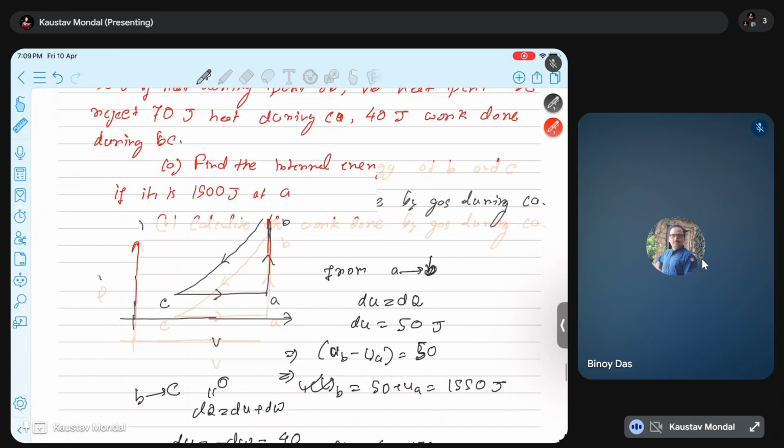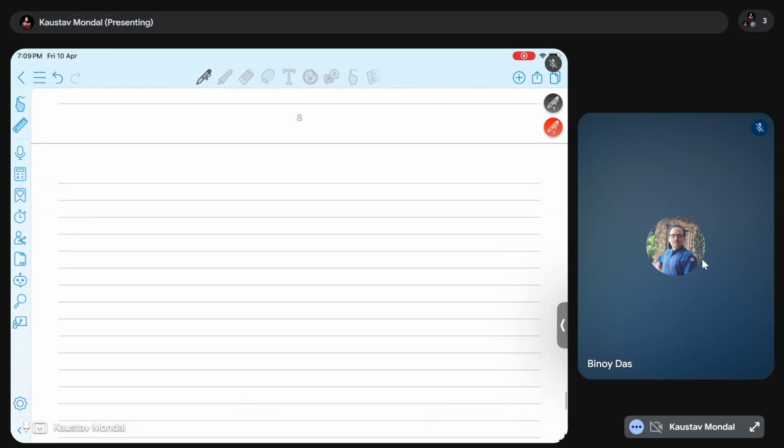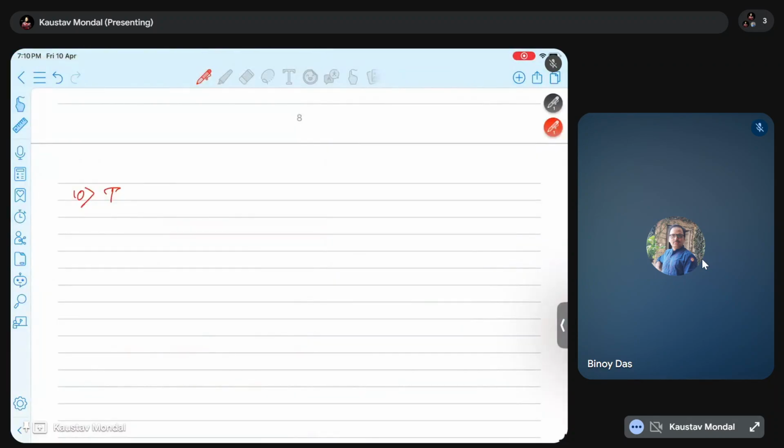So now we take the next problem, question 10. Carnot engines A and B are operated in series.